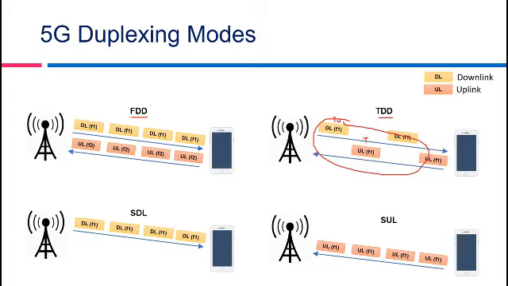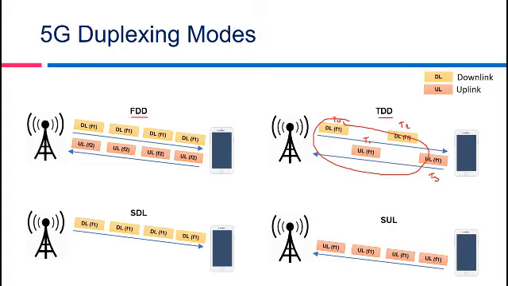At T1, the same F1 frequency is used for uplink. At T2, the same frequency is used for downlink again, and at T3, this frequency F1 is used for uplink. So we have only one frequency, and this frequency is shared between uplink and downlink at different times.